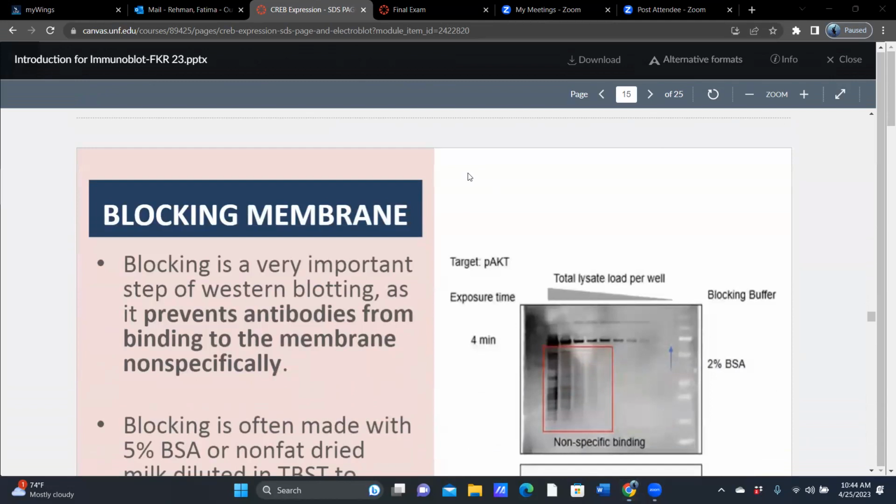The next step, typically after the membrane transfer, is to then block. Blocking is extremely important. When we block the membranes, this was the step where we use the blotto.